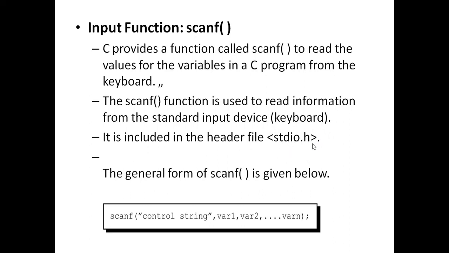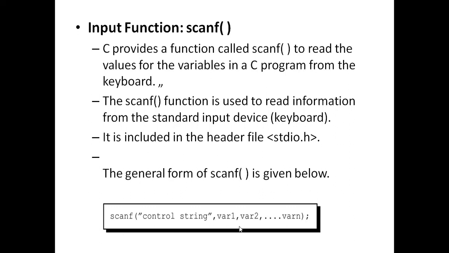This is the syntax for scanf: scanf open bracket, within double quotes we write the control string, then comma separated variables, variable 1, variable 2, variable 3, and so on up to variable n, and it ends with a close bracket and a semicolon.